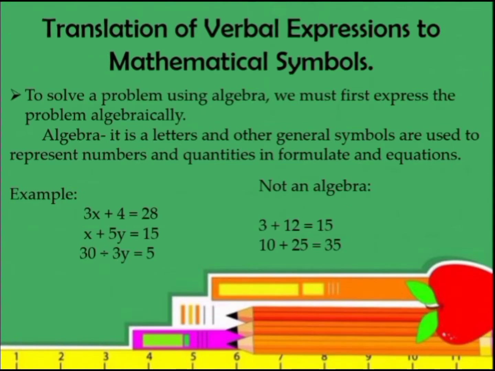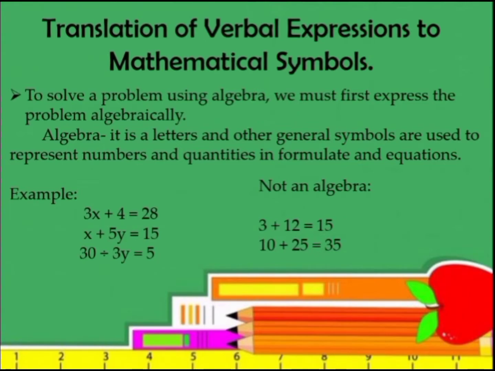First one is 3x plus 4 is equal to 28. Another one is x plus 5y is equal to 15. And 30 divided by 3y is equal to 5. These are the examples of algebra. However, on the right side, there are examples of not algebra, which are 3 plus 12 is equal to 15 and 10 plus 25 is equal to 35.